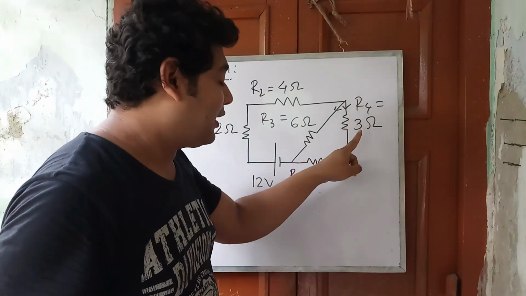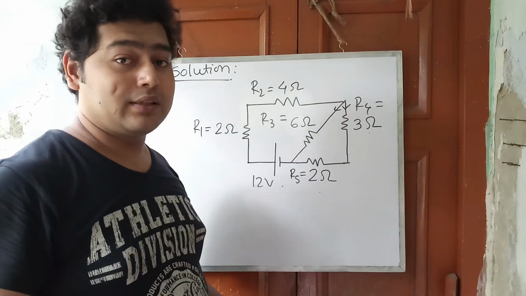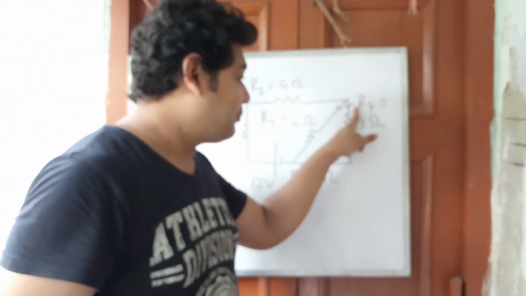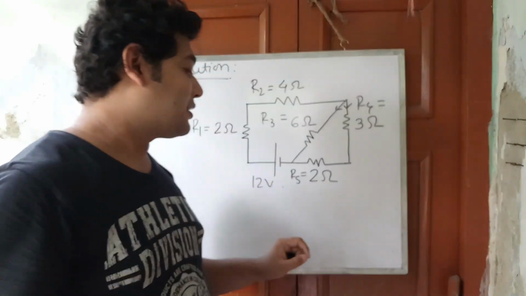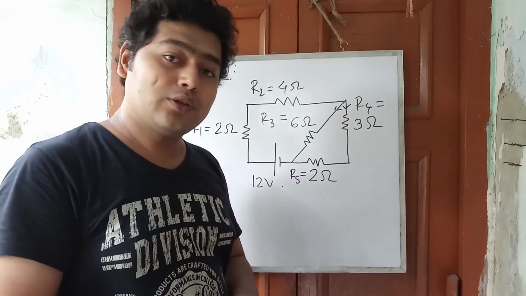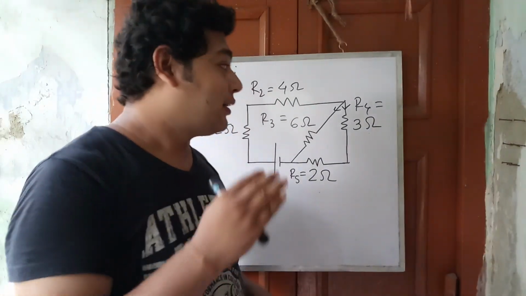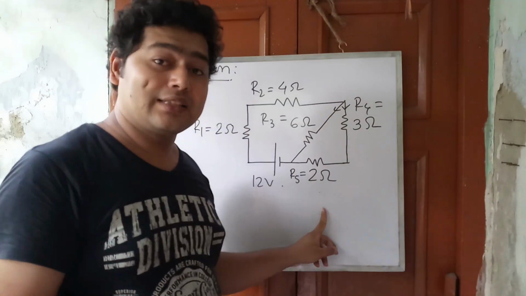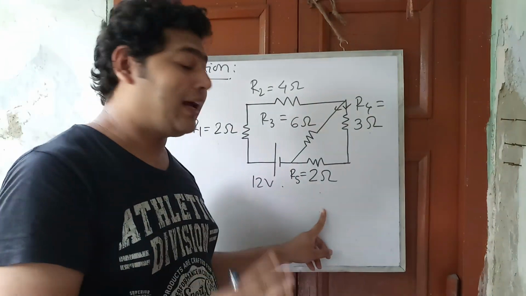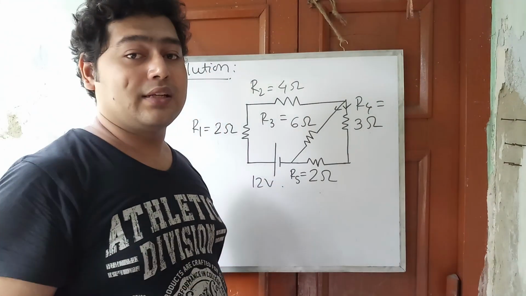This part is flowing through these two resistances, the same current flowing through the 3 ohm resistance and the 2 ohm resistance. So we know that if the current is the same for every resistance, then we say that these two resistances are in a series connection.